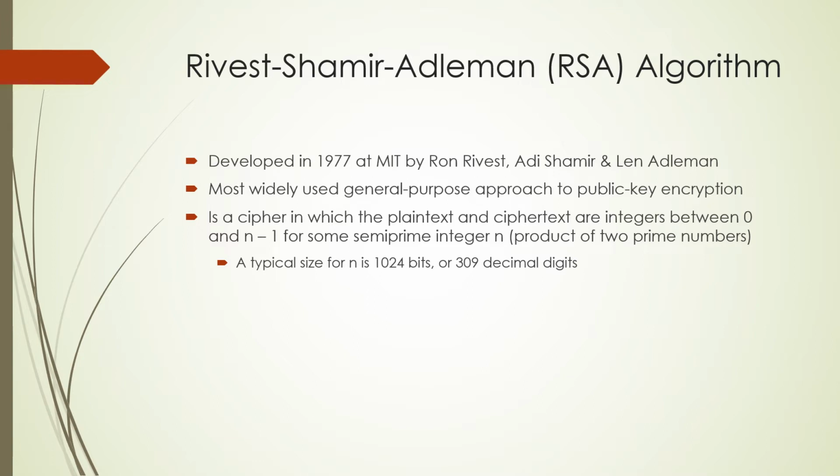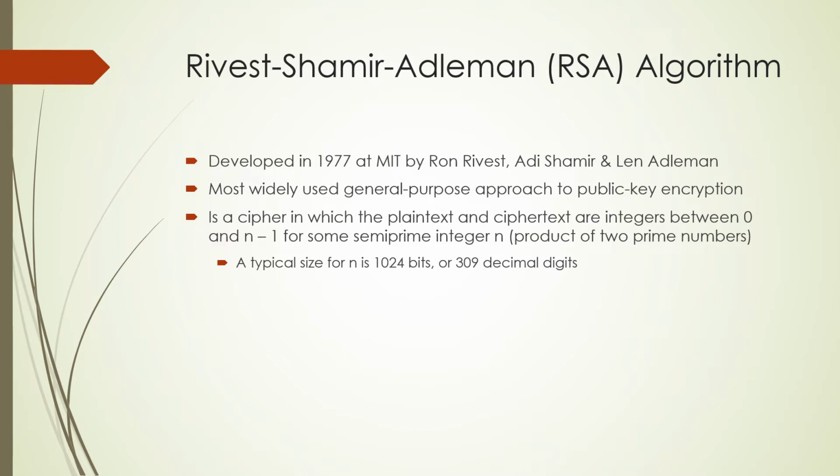It's the most widely used general purpose approach to public key encryption, and basically, if you want to briefly say what RSA is, you can say it's a cipher in which both the plaintext and ciphertext are integers between 0 and n-1, where n is some semi-prime integer.